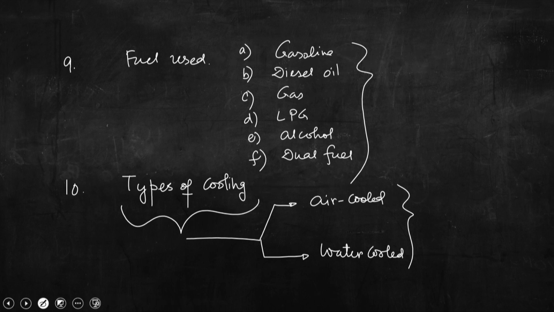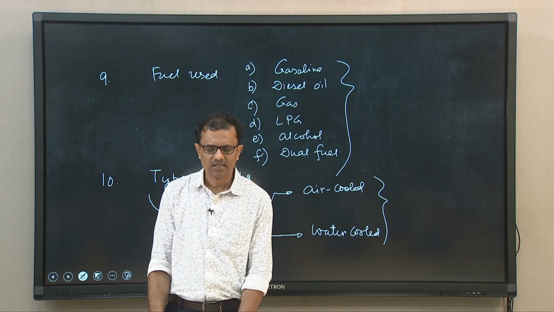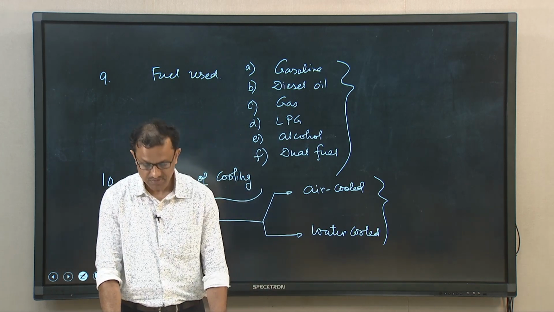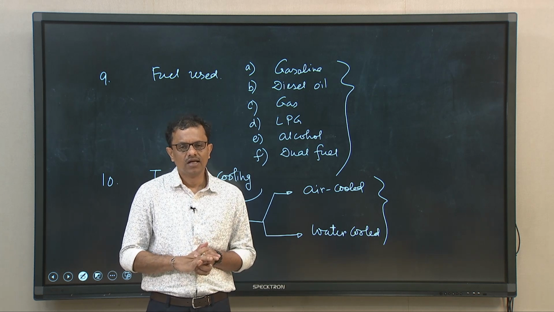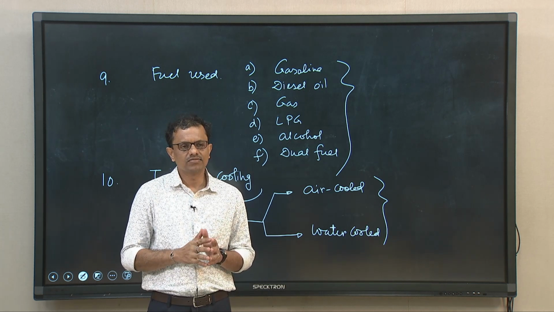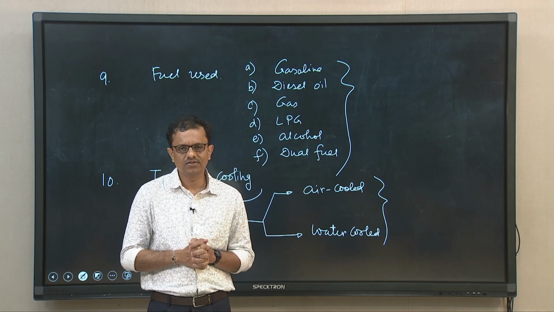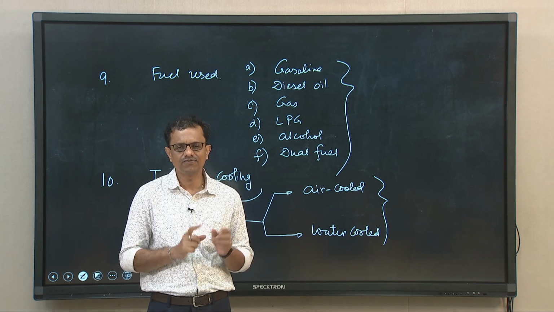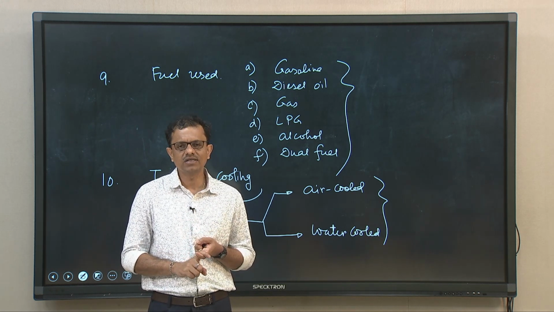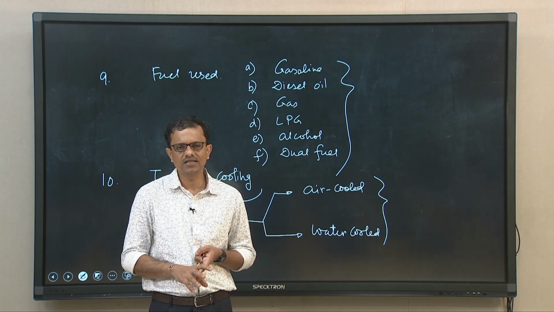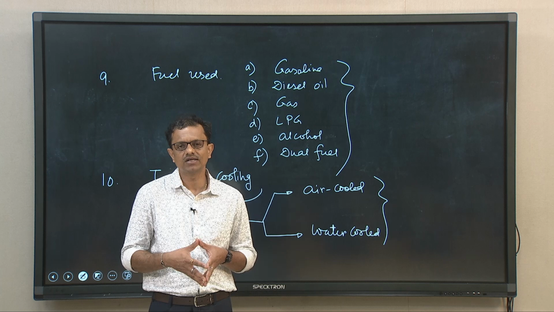So, all these are basically several classifications of internal combustion engines. Though there are two broad classifications that we have discussed today, the first one is number of strokes and the second one is types of combustion. But still there are many other classifications, probably you have not studied in your undergraduate course.